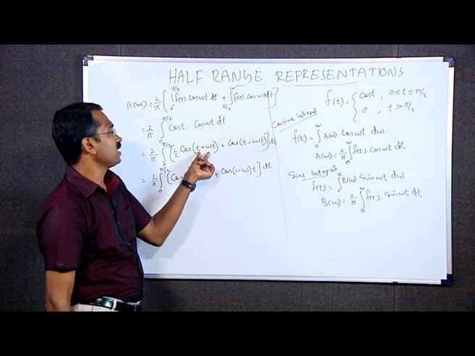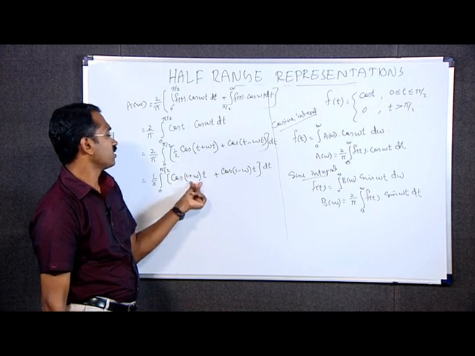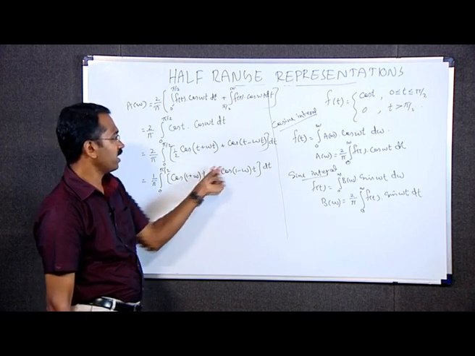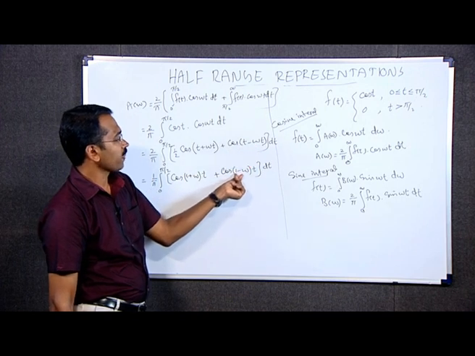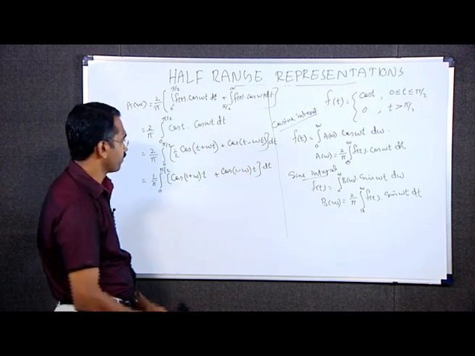Therefore, we write this angle like this, 1 plus omega into t, and in this case 1 minus omega into t.